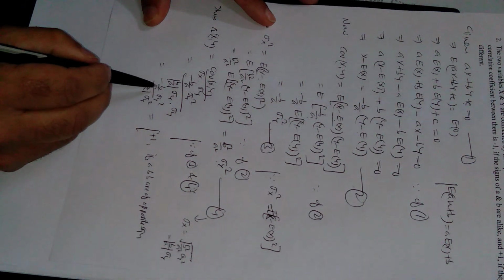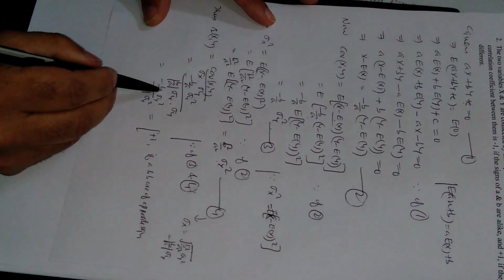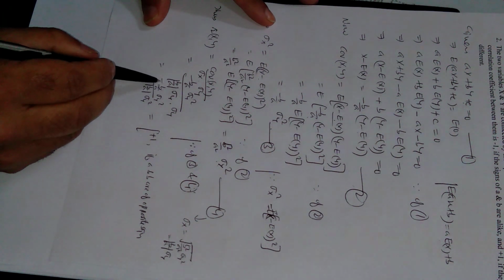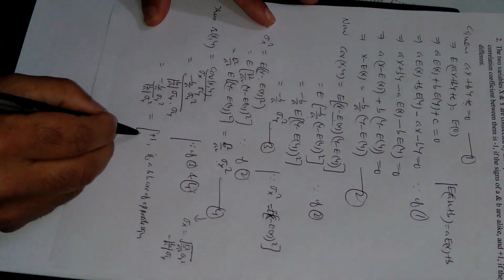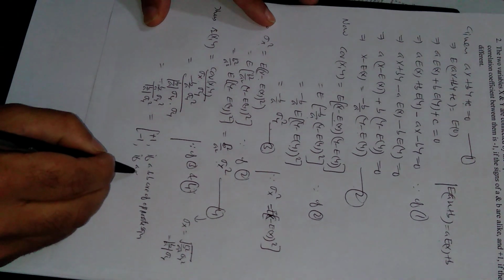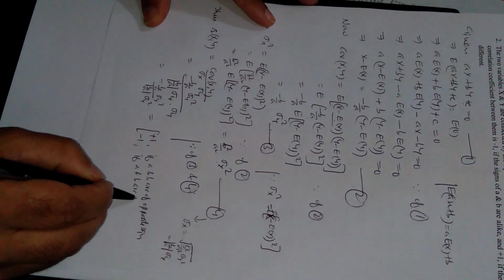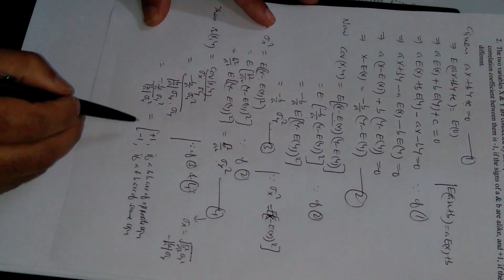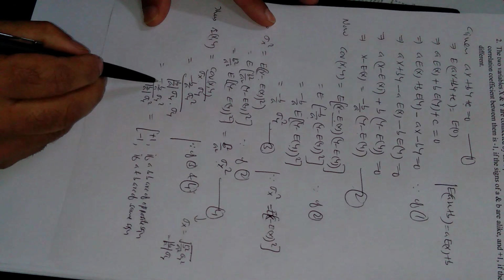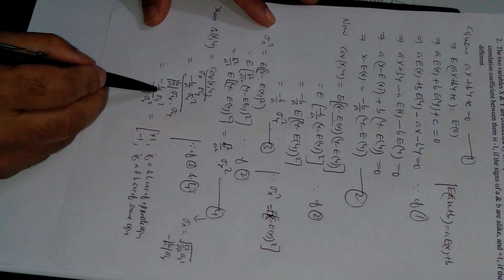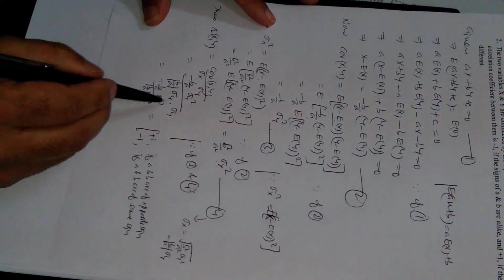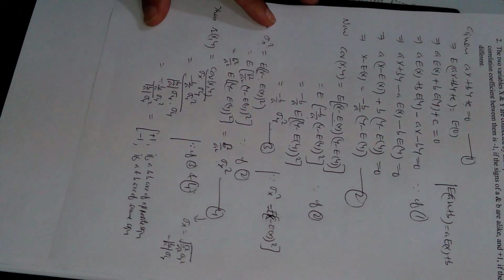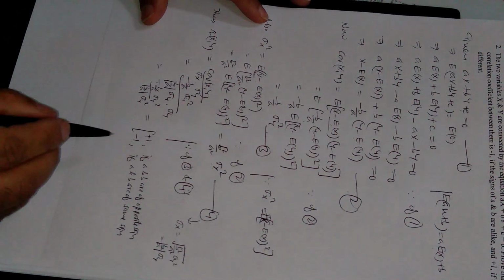Suppose a is positive, b is negative, so this minus will be plus, and this will be plus 1. It will be minus 1 if a and b are of the same sign. If both a and b are positive, then this minus will remain. If both a and b are negative, then this minus will again remain, and the signs just cancel, and this is minus 1. So this is what we wanted to prove.